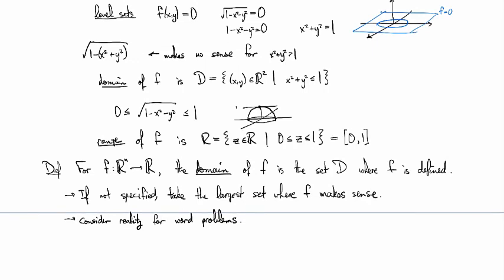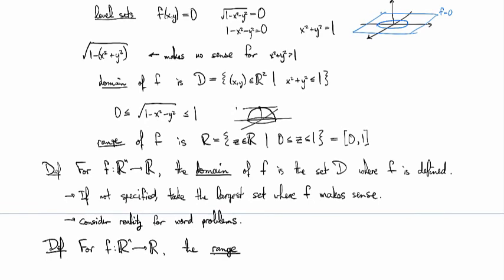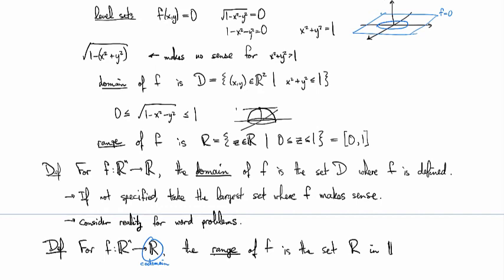Okay. And then we have the definition of the range. So the range of f is the portion of the codomain, and I'll just use a regular R to denote it.